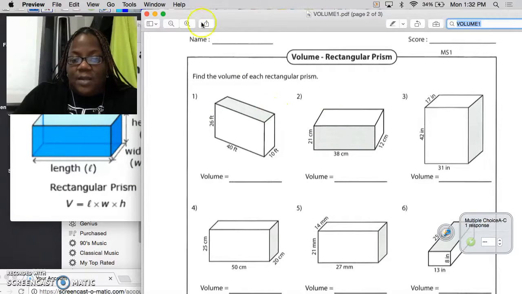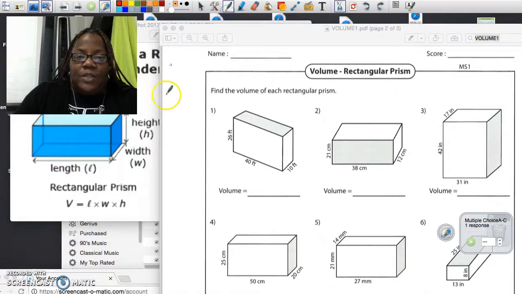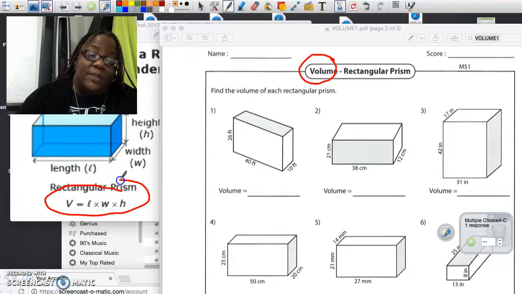Again, it's just length times width times height. And this is for volume. I just want to make sure that everyone understands that this assignment is not surface area. It is volume. And the formula for volume is different.